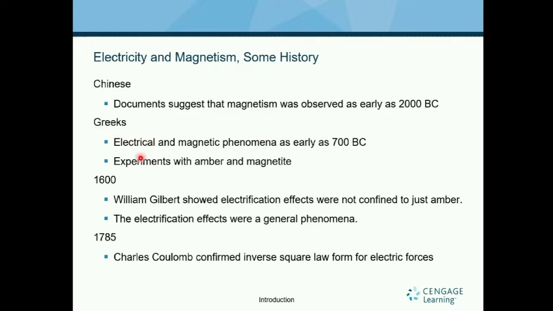Or the Greeks, in documents, described electrical and magnetic phenomena as early as 700 BC, even experiments with amber and magnetite. And in the year 1600, William Gilbert showed electrification effects were not confined to just amber. The electrification effects were a general phenomenon.